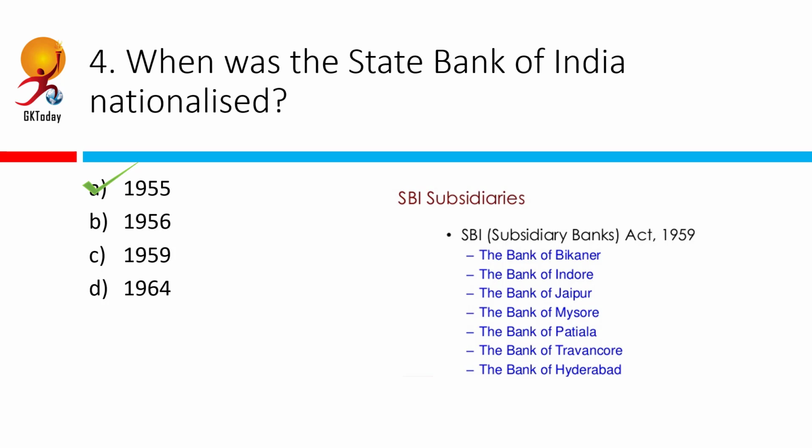It was then known as the Imperial Bank of India, and it was nationalized in July of 1955 via the SBI Act of 1955 and renamed as State Bank of India. Now these are the subsidiaries of State Bank, the Bank of Mysore, the Bank of Bikaner, etc. So these were also nationalized and gradually merged into the State Bank by the SBI Subsidiary Banks Act of 1959.